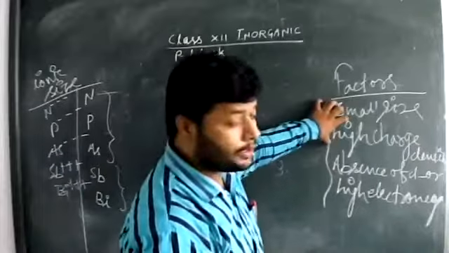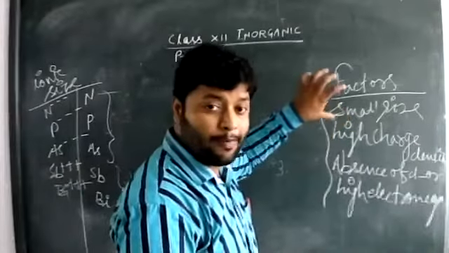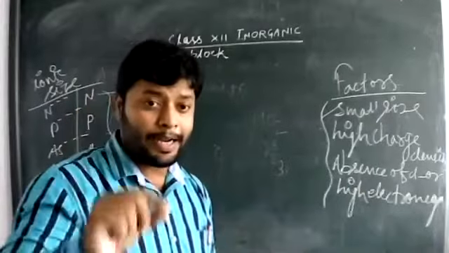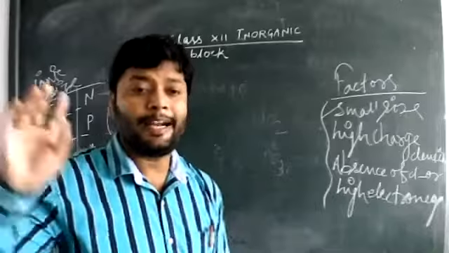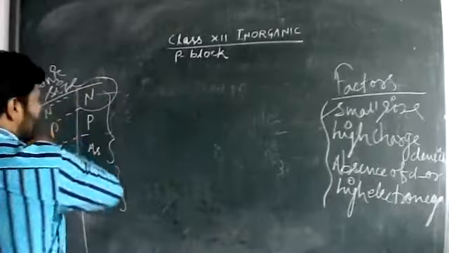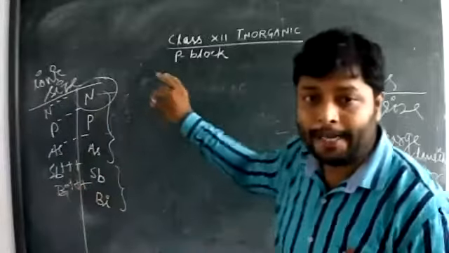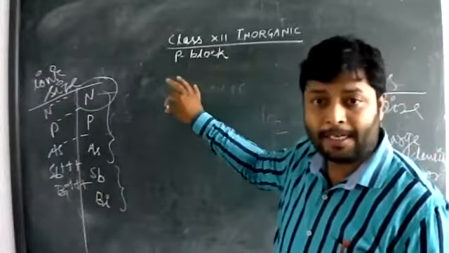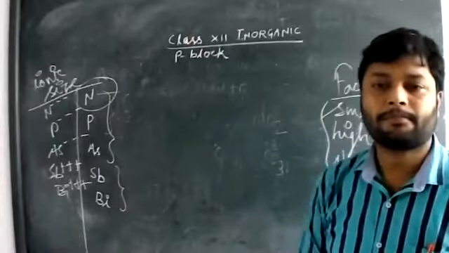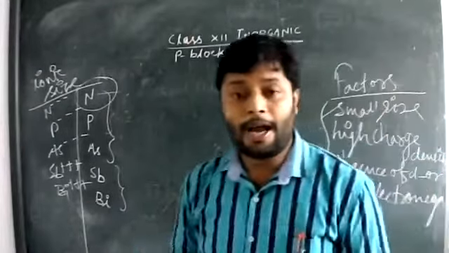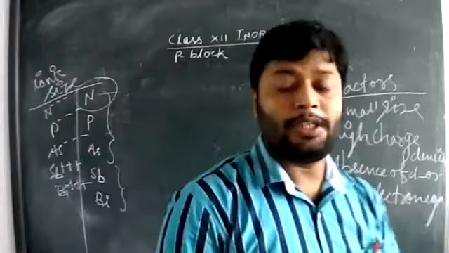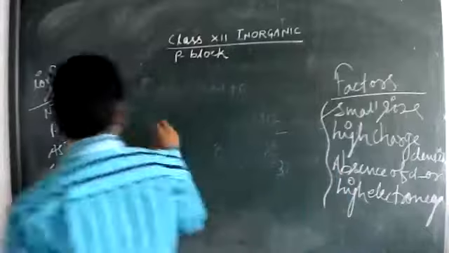So these four factors conventionally decide all the anomalous behavior of the elements in the second period, as nitrogen is. We have to learn what behaviors nitrogen has which are not present in the other members. So let us start with the first property, called atomicity.